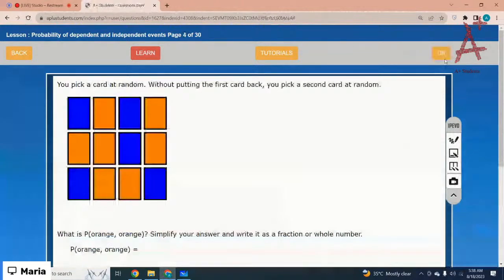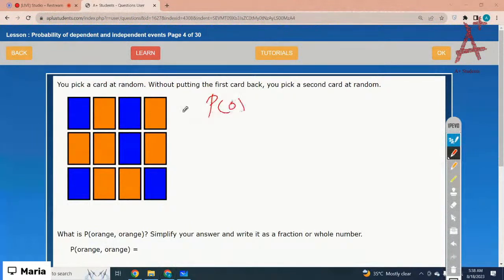You pick a card at random without putting the card back. Okay. You have to calculate the probability of orange and orange. For the first time, you have how many? Out of the 12 cards, you have 7 out of 12. You didn't put the card back, right? Now you have 11 options. And out of the 11, 6 of them are orange, right?